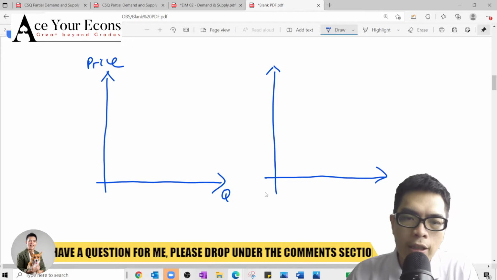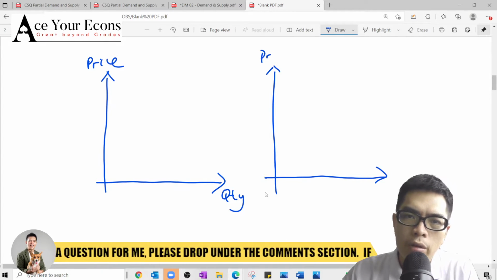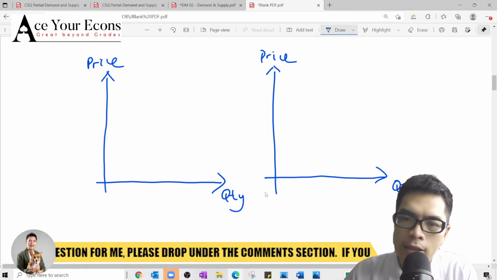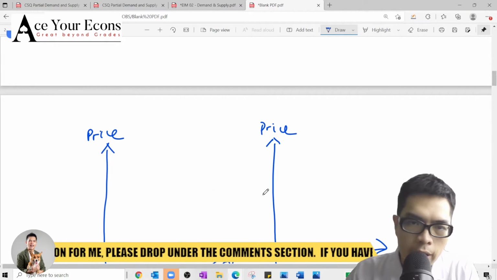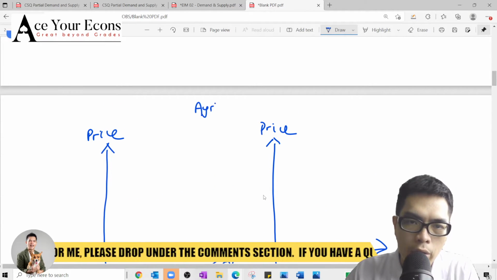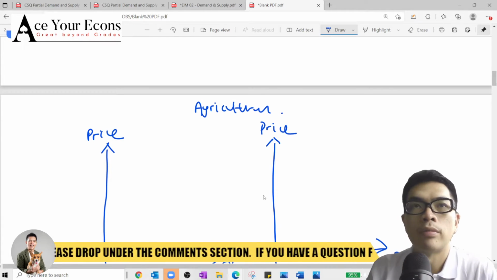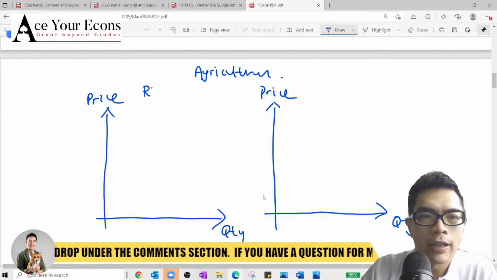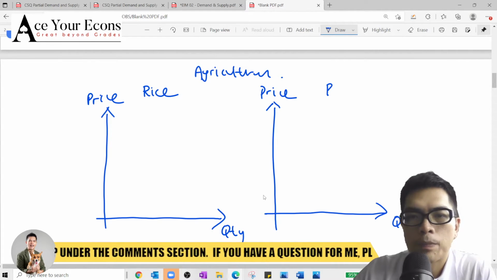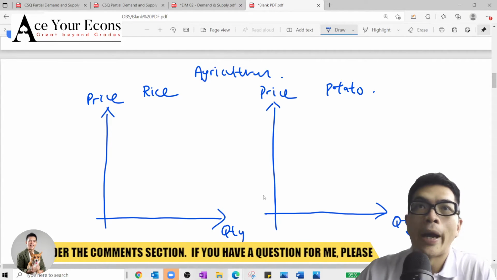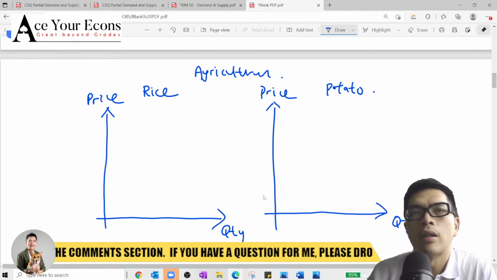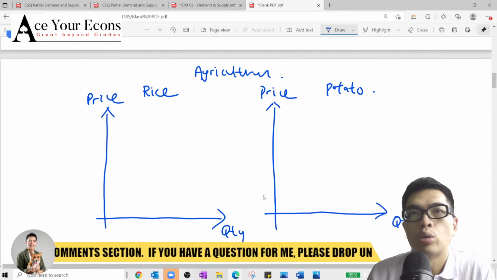Okay, so I will just cut to the chase. For competitive supply, commodities and agricultural goods are almost always used as an example. This is rice and this is potato. My question to all of you is, what kind of resource do they share?